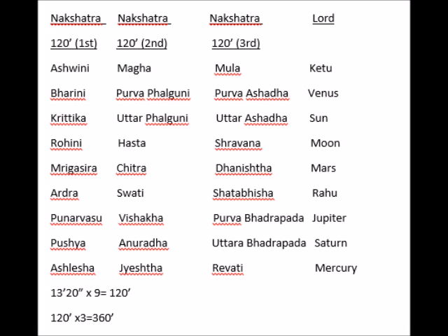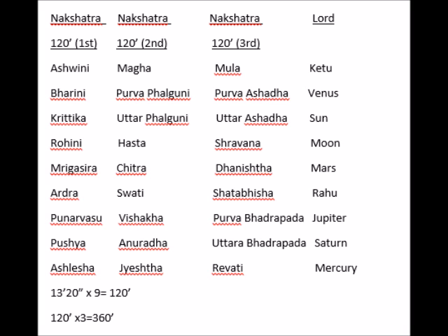So look at the sequence. The 10th nakshatra, which is Magha, which comes as the first nakshatra of the second group, is ruled by Ketu. And then the 19th nakshatra out of the 27 nakshatras, which is the first nakshatra of the third group, is also ruled by Ketu. So Ketu will repeat itself after every 9 nakshatras.